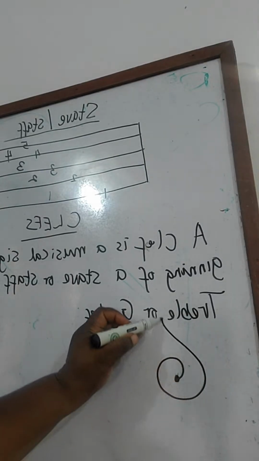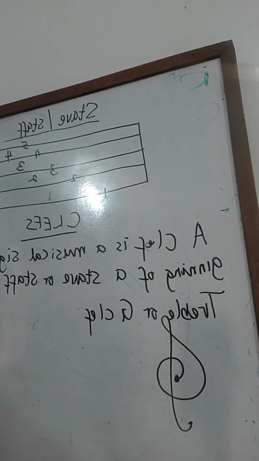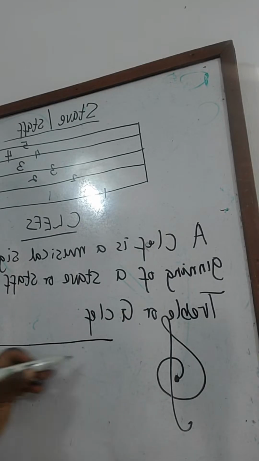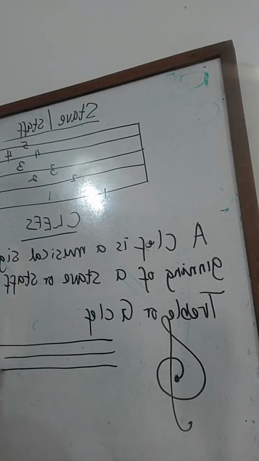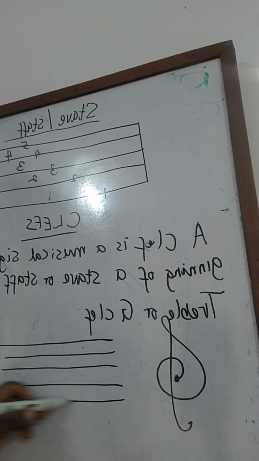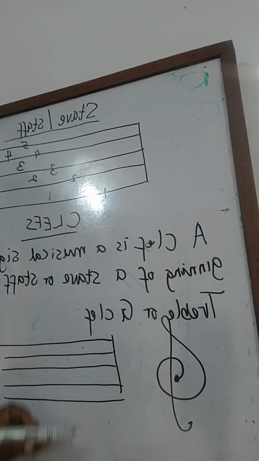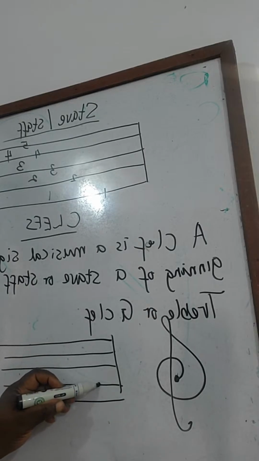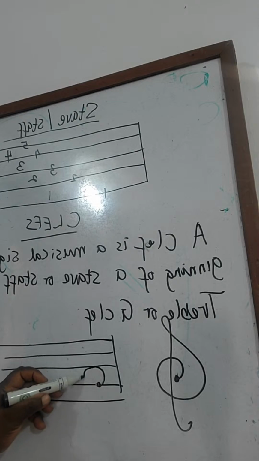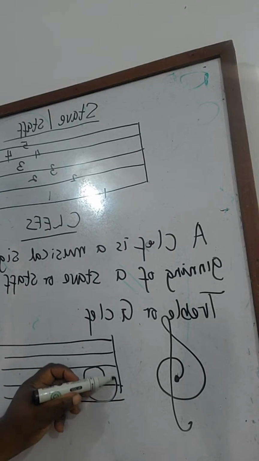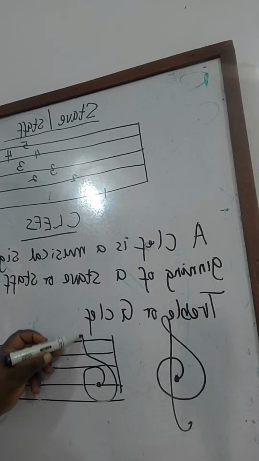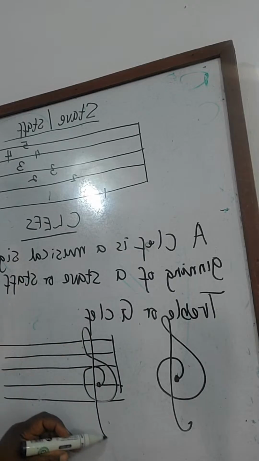It's like this. 1, 2, 3, 4, 5. It starts from the second line of the stave, and then it goes up to the third line and comes down to the first line, and then it cuts across the fourth line outside the stave and then down this way.